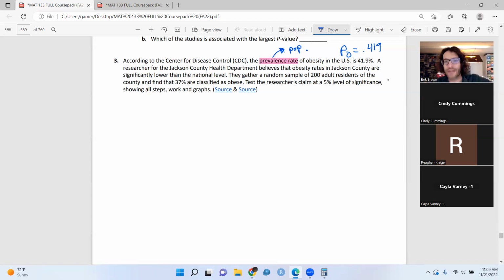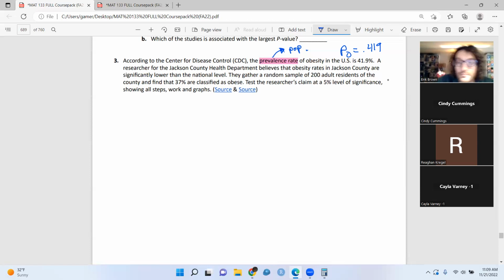Well, hypothesis testing says, hey, we think we know the value for the population. We think it's this, but then we did some sampling and we got some results, and we think it's different than that in some way. Either it's not equal to, it's less than, or it's greater than. So you're always going to have a population value and then sample results. And you're testing, did the sample results happen by chance or did they not?